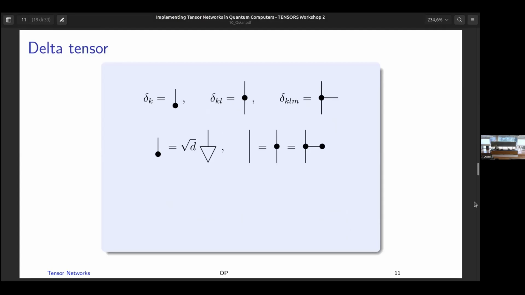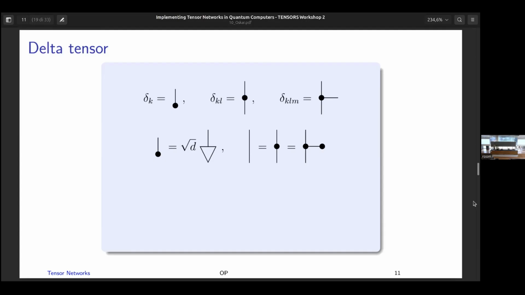We can also find some identities for this delta tensor. The delta vector is equal to a ket with a factor that we have to take out in order to normalize, because kets are normalized to have norm 1, and the delta tensor has a norm of square root of d.